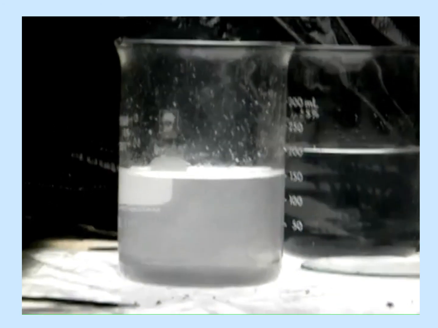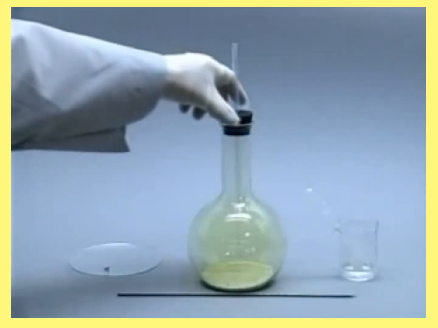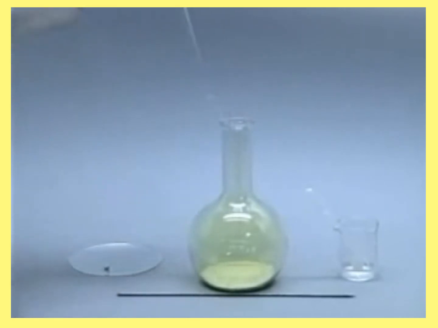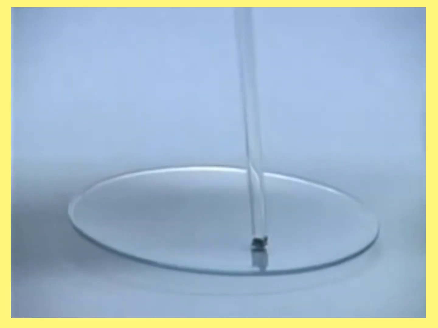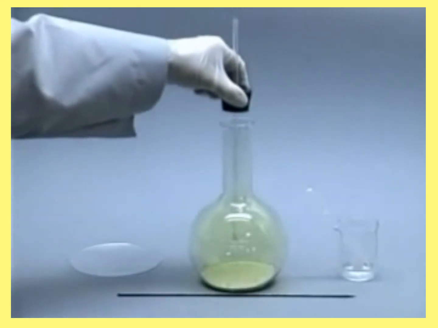The next slide is going to show someone doing the reaction between sodium metal, the solid, and chlorine gas. In other words, the two elements. Chlorine gas is actually a greenish yellow colored gas that you'll see in the flask in the next slide. A small piece of sodium metal is placed in a flask containing yellow chlorine gas.